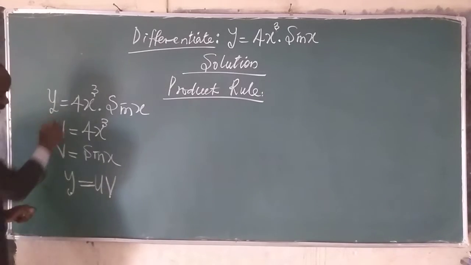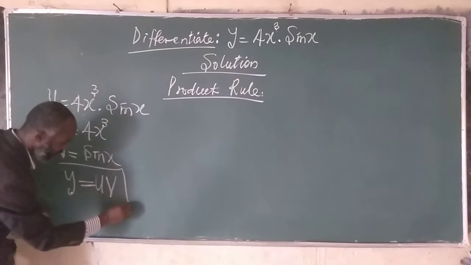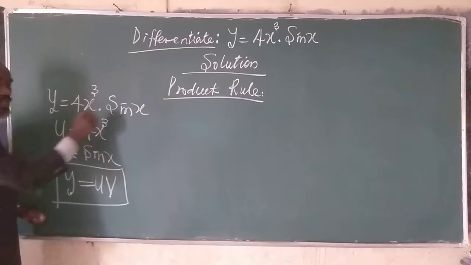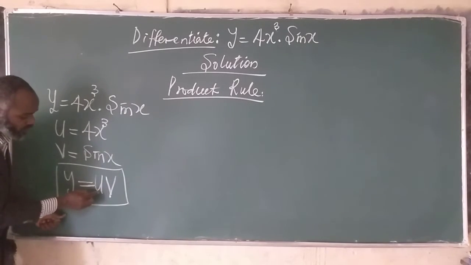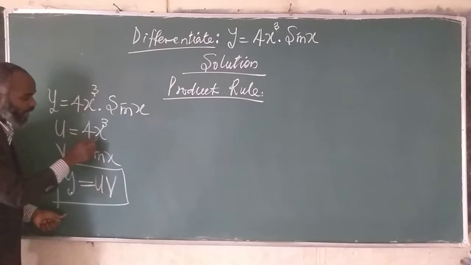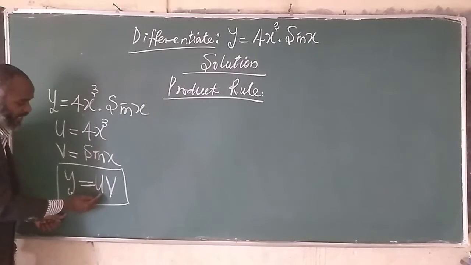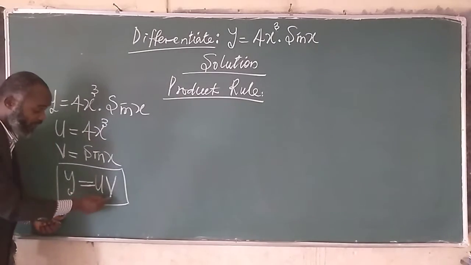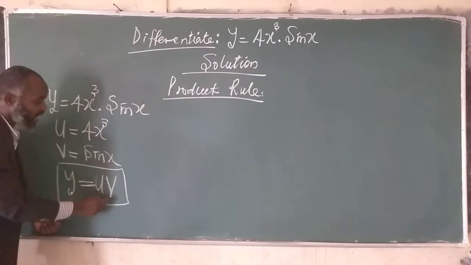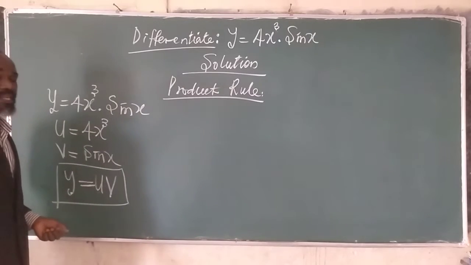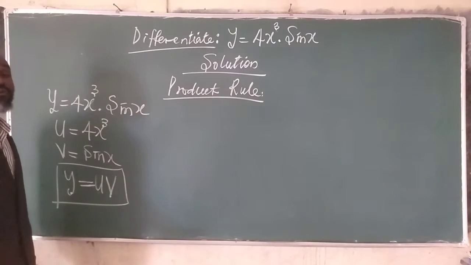We have redefined this. So this is equivalent to what we have here, because by the time we substitute the value of u as 4x cubed and the value of v as sine x, we go back to what we have already. So with this, we'll move on.